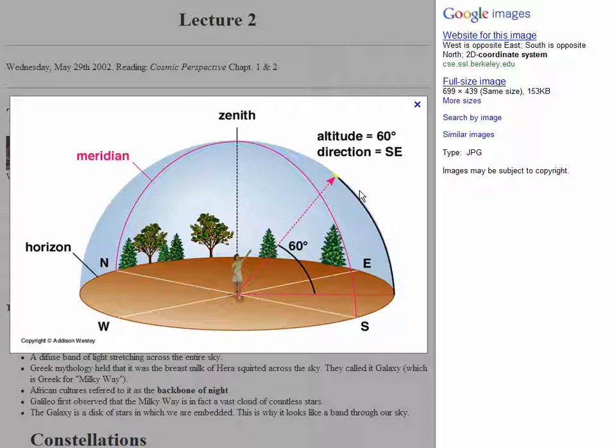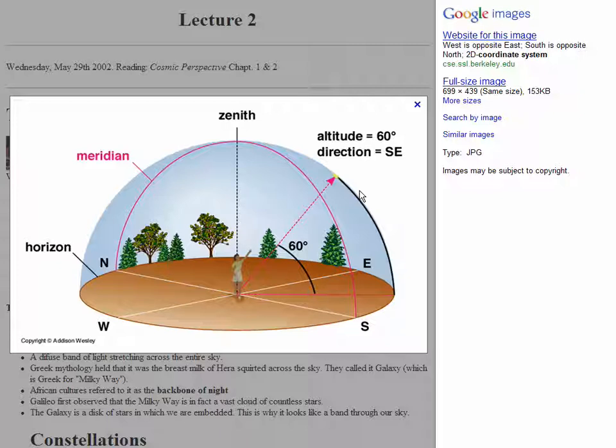The reason for that is it's based off of your zenith. If someone's standing next to you and they look up, their zenith is going to be slightly different. So if you had a really precise and accurate measuring system, then the two coordinate systems would not agree. But the zenith, remember, is the point directly over your head.